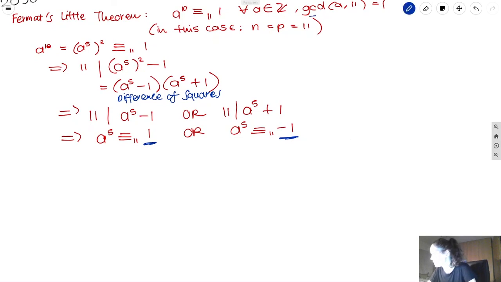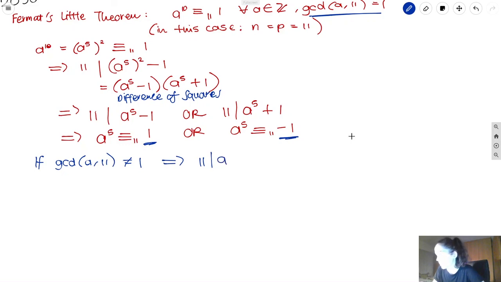So if the GCD of a and 11 is not 1, then this means that a and 11 will have a common divisor, and since 11 is a prime, the only way this is possible is if a is also divisible by 11.